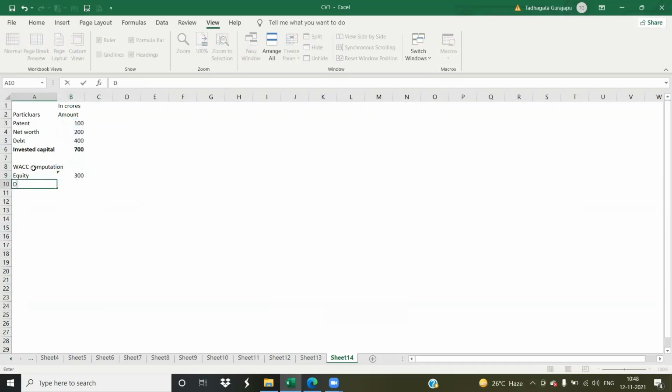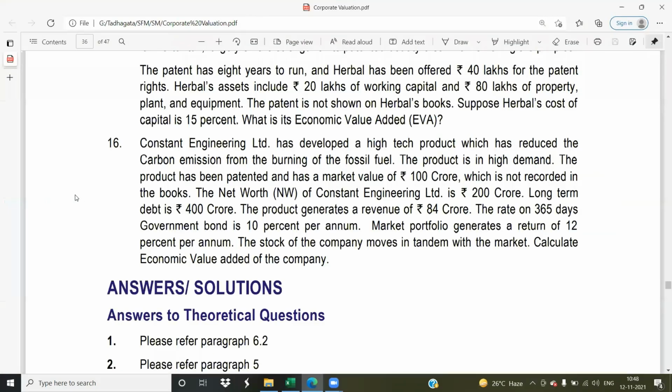Debt is 400. So these are the respective weights. Now cost of equity and cost of debt. What is cost of equity? That is market return, that is 12%. What is cost of debt? That is the government bond rate, 10%. So 12%, 10%, right?